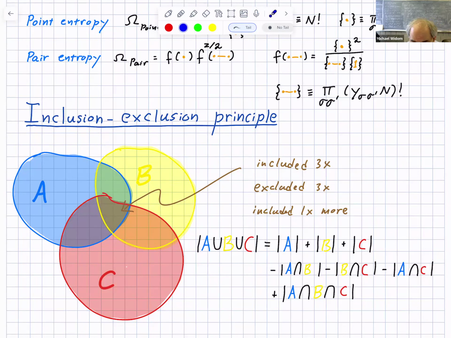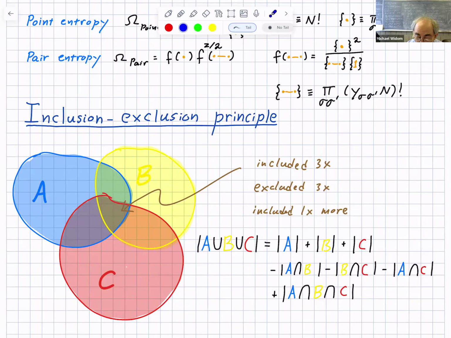But if we want to look at the total amount of information present, well, if we were just to add up the individual pieces separately, we would have overcounted, because here, shaded in green, are pieces of information that are shared in common between the set A and the set B.